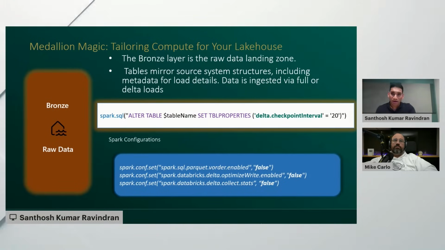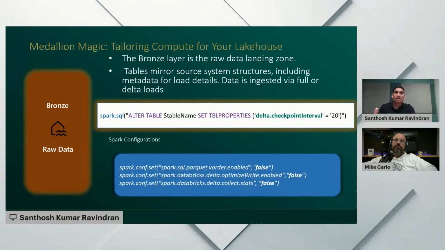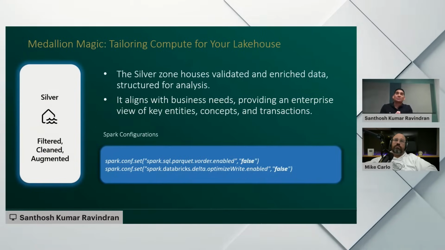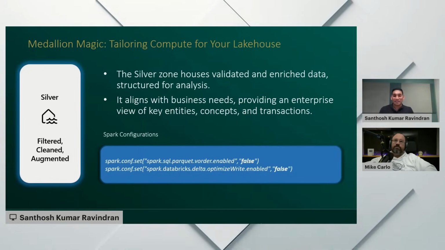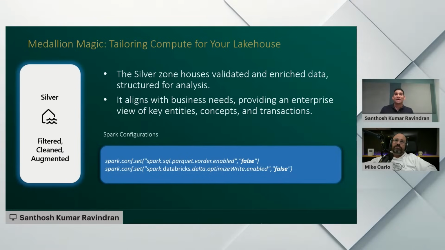The next important phase, once you have set your bronze to be write optimized, is moving on to silver. Silver is going to be an interesting one, because in most cases it's meant to be write optimized, where you create these data entities and standardize the data sets.